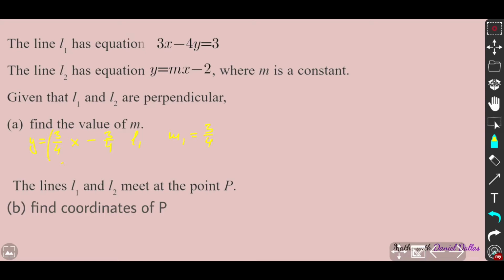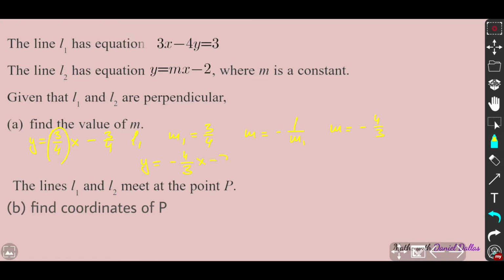So the coefficient before x for line 2 should be the negative reciprocal. That means the m value is going to be negative 4 over 3, and hence we can establish the equation for line 2, which will look like y equals negative 4 over 3 x minus 2.